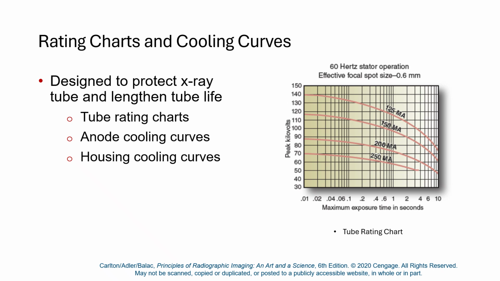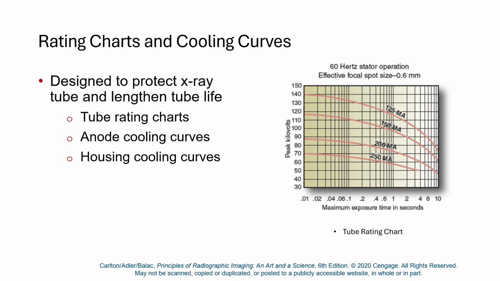Looks kind of funny, but it is a time scale. The y-axis looks straightforward or linear, and that's what's funny about the x-axis. It's non-linear. And that's kilovoltage for the y-axis. And then what I'd call the threshold curves or the threshold lines, those are the lines in red. Those are reflective of the mA station you select.